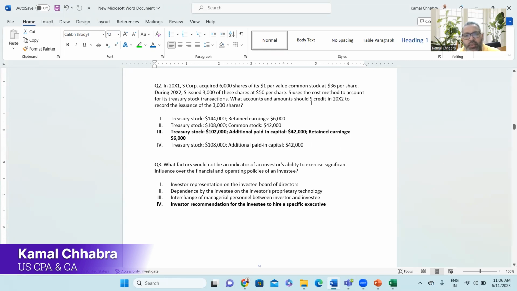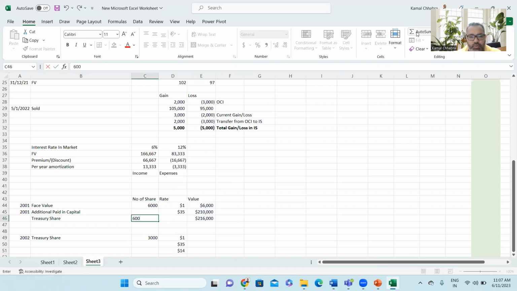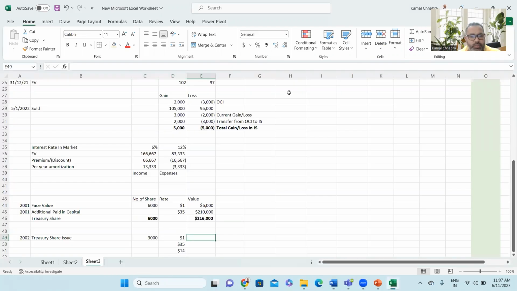What amount should S credit in 2002 to record the issuance of 3,000 shares? So out of these 6,000 shares, this is your treasury stock, and out of this treasury stock they issue at 50 per share. So this is 50, right?